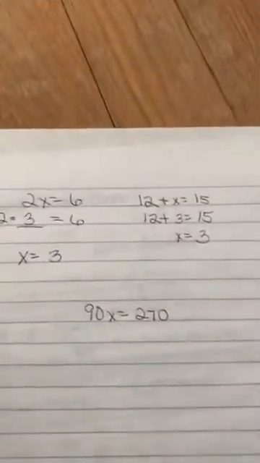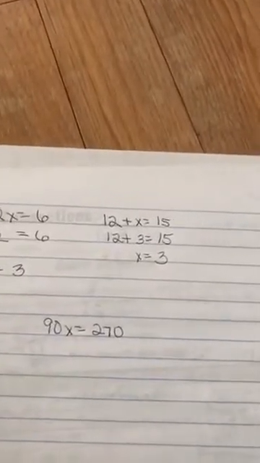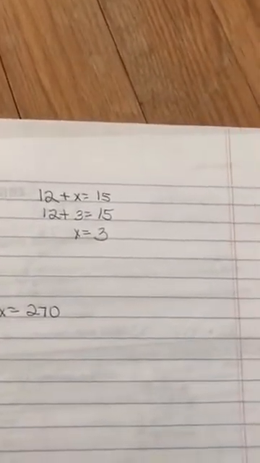I'm sorry, I'm looking back at my notes, because you know I always work out the problems before I do them with y'all. Oh, I'm not showing y'all the right problem. Sorry. 90x equals 270. What do you think I need to do?